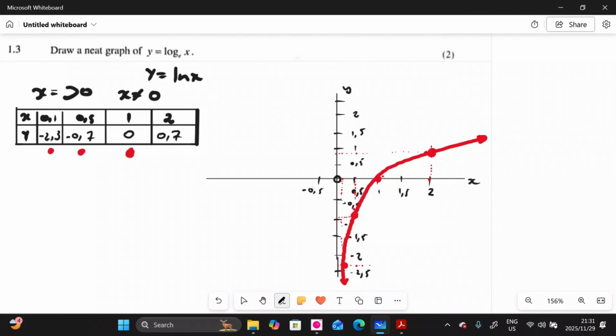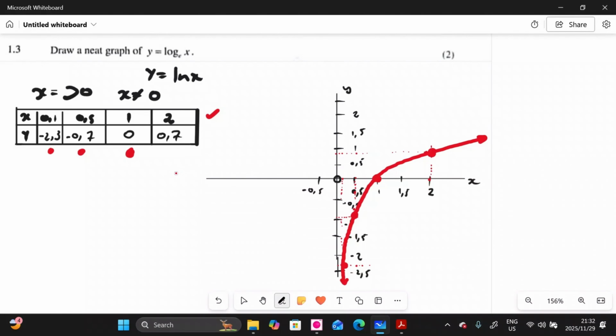Then from there, you just connect the dots. There we go, people. So this is our graph for the log. Just in case, guys, you don't know how to draw this, rather use the table method. It's easy, straightforward. Might take you some time, but it's not that difficult to follow.